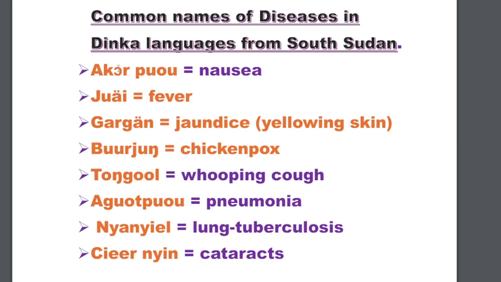The first Dinka words we have to learn is akor po, akor po, which mean nausea. In Dinka, akor po mean nausea in English. The other word we have to learn is joy.